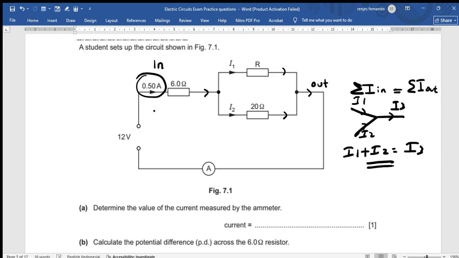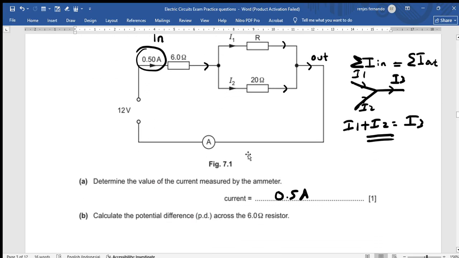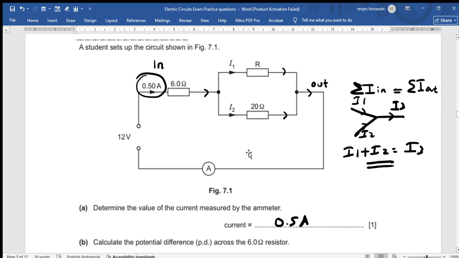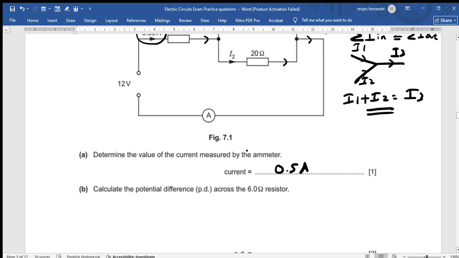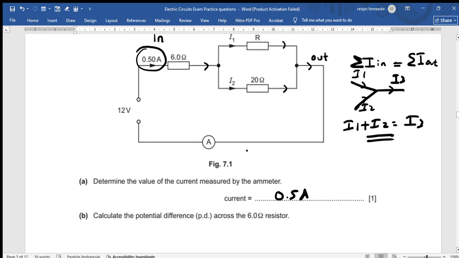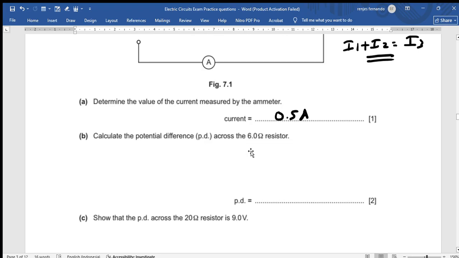So of course the current will be 0.5 ampere. Calculate the potential difference across the 6 ohm resistor. The voltage is current times resistance, so 0.5 times 6, which is 3 volt.